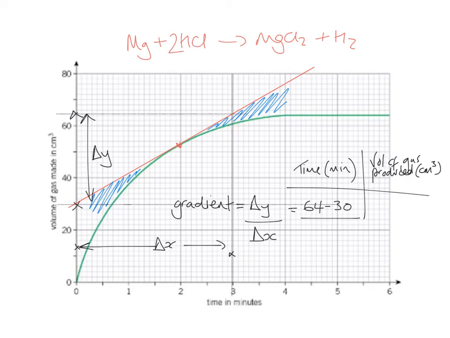And then our change in x, our value is 3 minutes. And we started at 0. So we've got 34 over 3, which gives us our rate at 3 minutes as 11.33 centimetres cubed per minute.